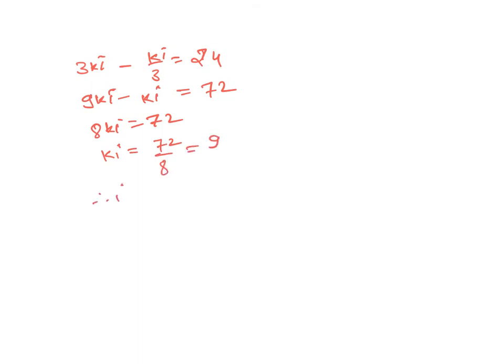So therefore I equals 9 by k, in the sense 9 milliampere. So now the value of I is going to be 9 milliampere. If the value of I is 9, I dash is I by 3, right? So 9 milliampere divided by 3 is 3 milliampere. 3 milliampere is the current flowing through.